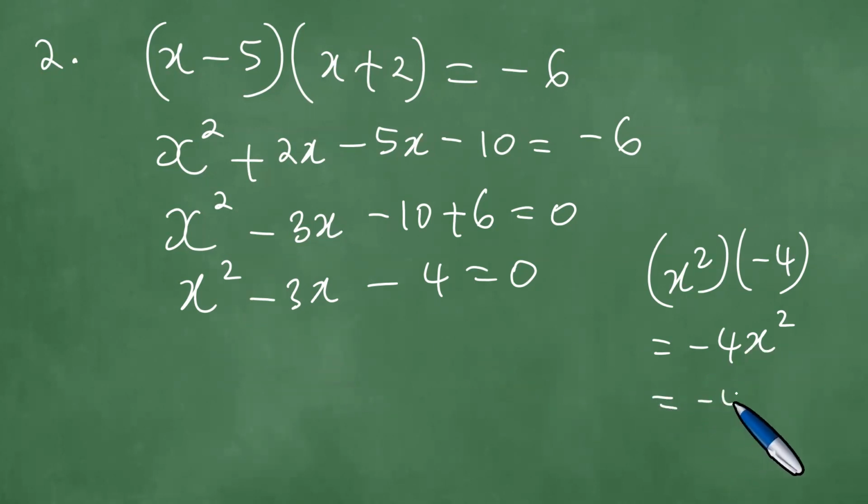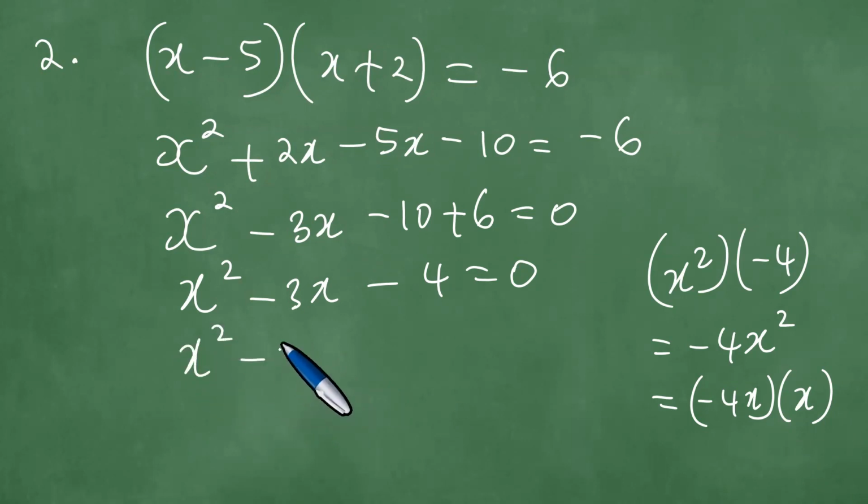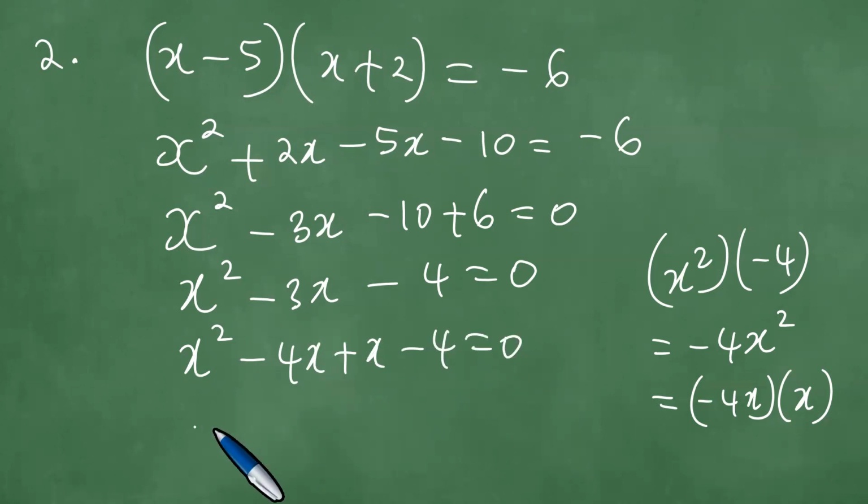Those factors are minus 4x together with x, because minus 4x plus x gives us minus 3. So we have x squared minus 4x plus x minus 4 equals 0. I know some teachers do not teach it like this, but this is the best way to factorize quadratics.